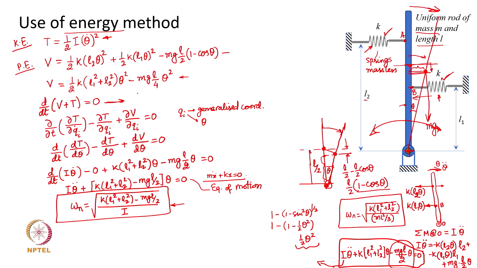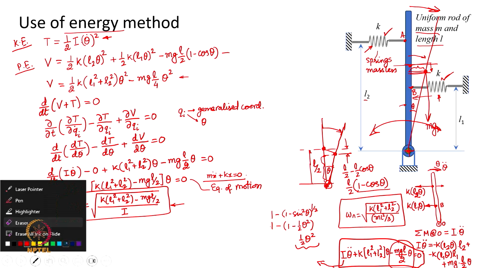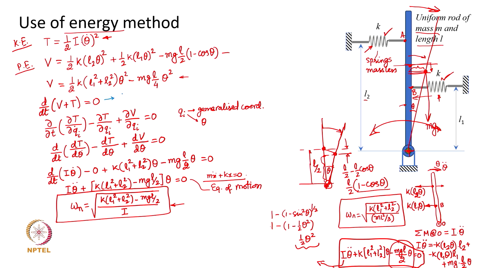So, V plus T, and then in that case what I get is k L1 square plus L2 square theta theta dot minus mg L over 2 theta theta dot plus I theta dot theta double dot, equal to 0, which ultimately gives me the expression.